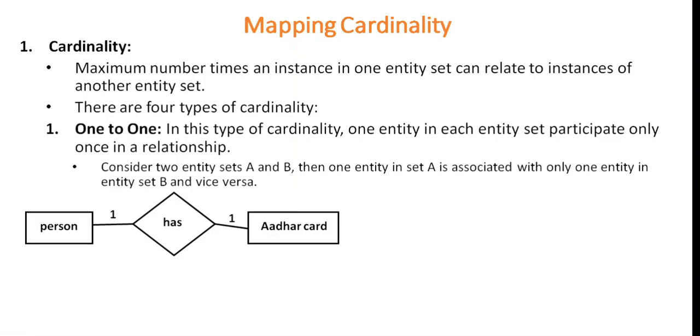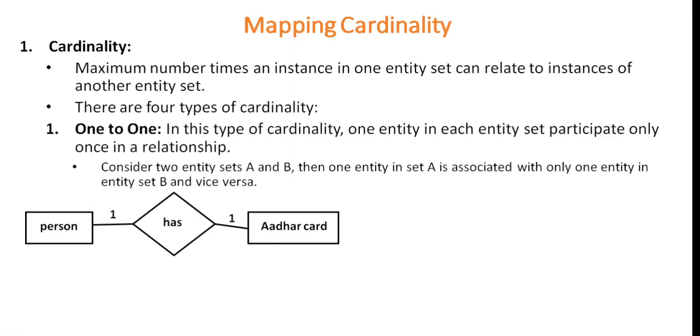And see, cardinality is shown by the number which is given on the connecting links of the relationship. Here the relationship is a has relationship, that is, one person has one Aadhaar card, and one Aadhaar card belongs to one person only. So one-to-one cardinality is there.